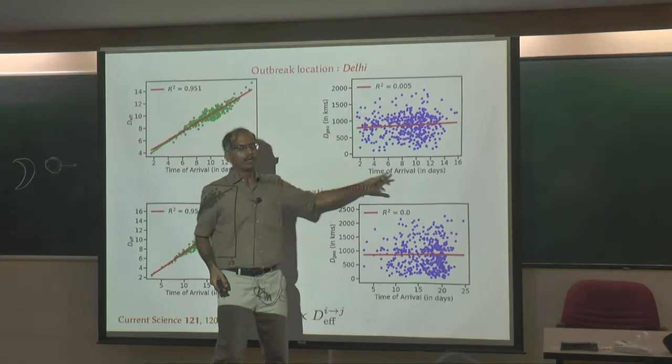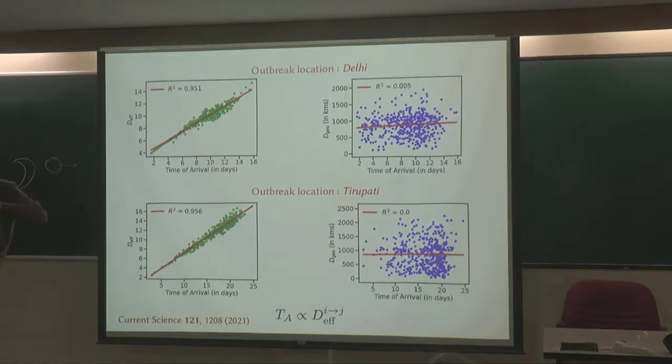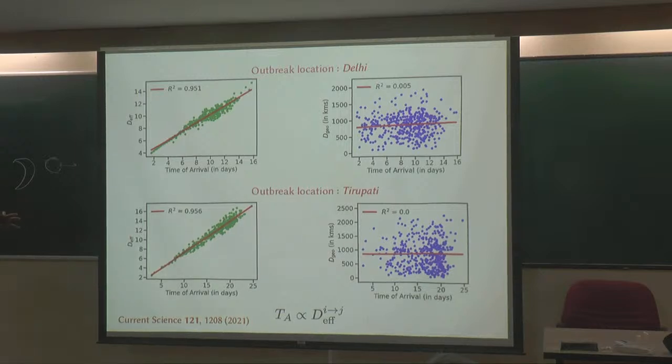On the other hand, you have an effective distance which combines not only the geographical distance but, more importantly, the mobility data. If there are two places in the country where hardly anyone goes, they are very well separated as far as infection is concerned.